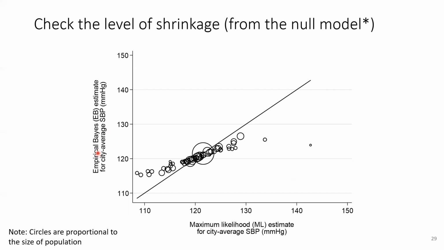If they were identical, we should see the dots on top of this identity line, but that is not the case.